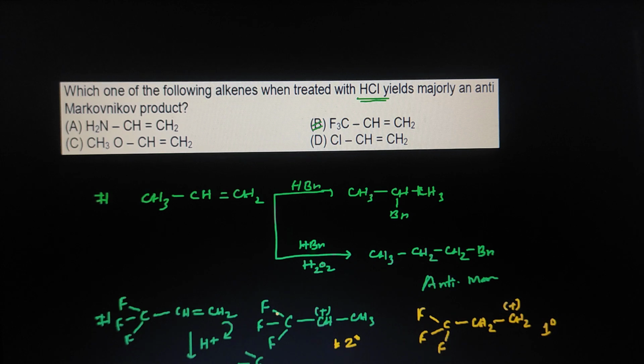we can see that due to the presence of 3 fluorine atoms, which have a minus I effect, this carbocation is very unstable.